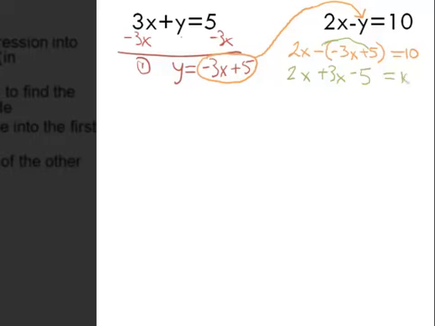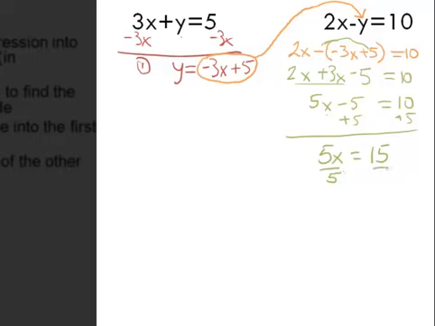That's still equal to 10. I'll probably combine these x's. Minus 5 equals 10. And to get x by itself, I think I should add 5 to both sides. And finally divide by 5, and we get our first answer, that x is equal to 3.